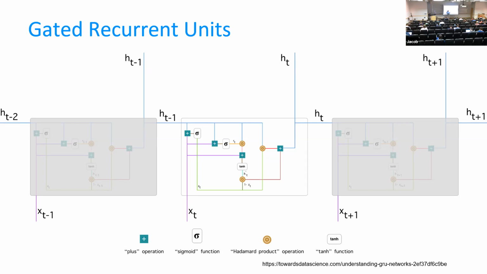At the same time, we have ht minus 1 coming from this top blue line, and that is multiplied by zt. So this transformation of xt is multiplied by 1 minus zt, and ht minus 1 is multiplied by zt. And so you basically have an inverse relationship between remembering new information and forgetting old information. Does that make sense?